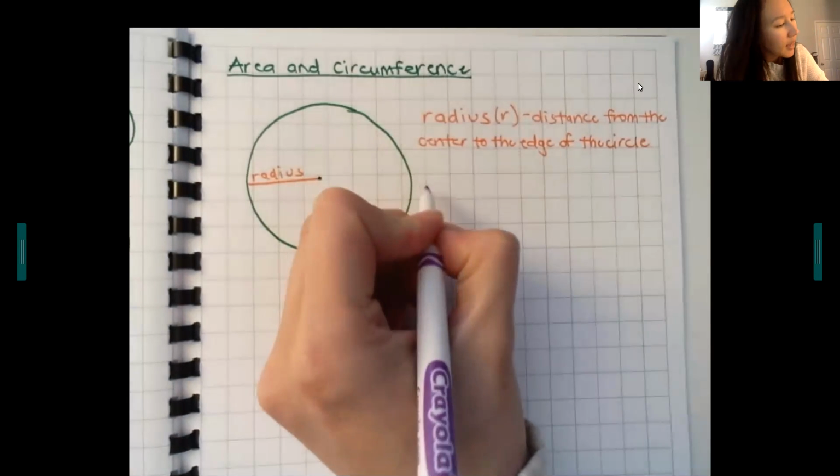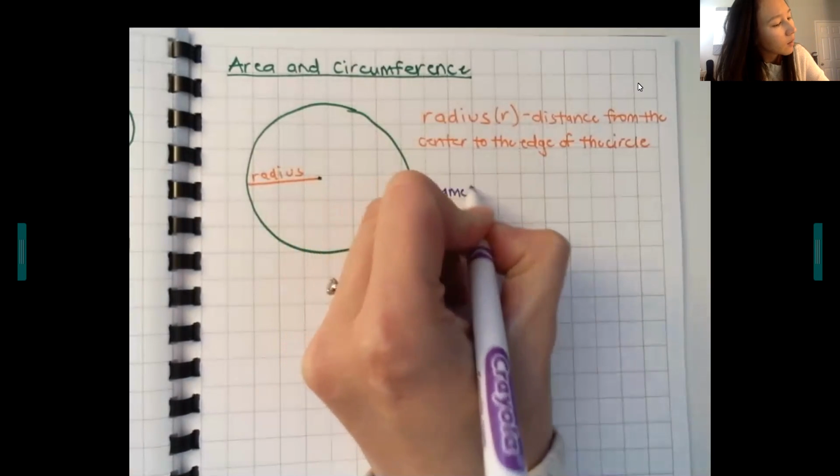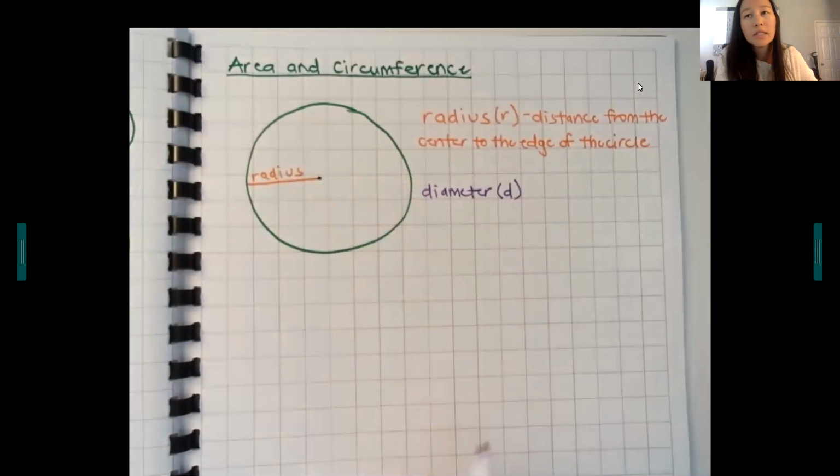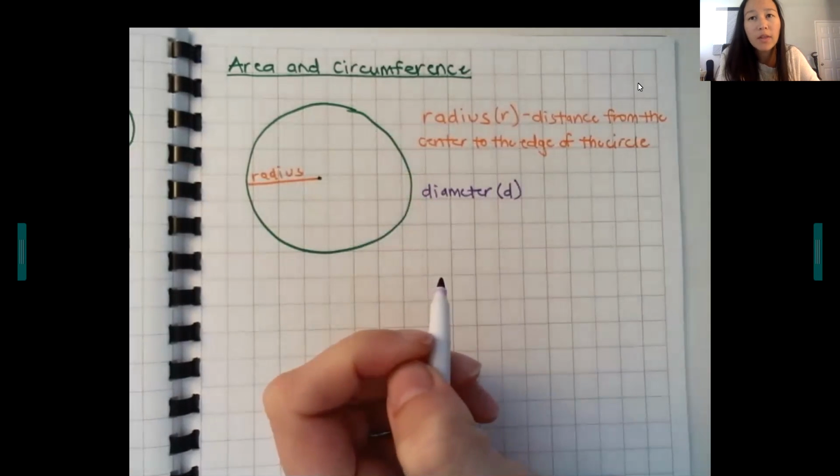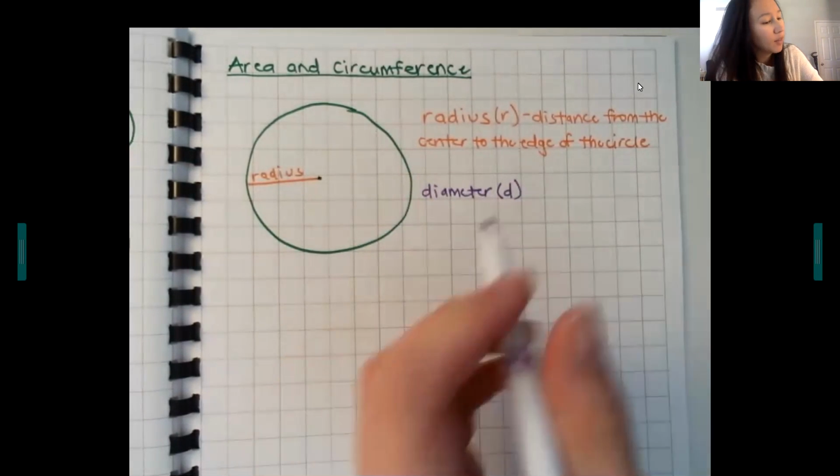And then we have the diameter, which is d, which is the distance from one point on the circle to another point, traveling through the center.